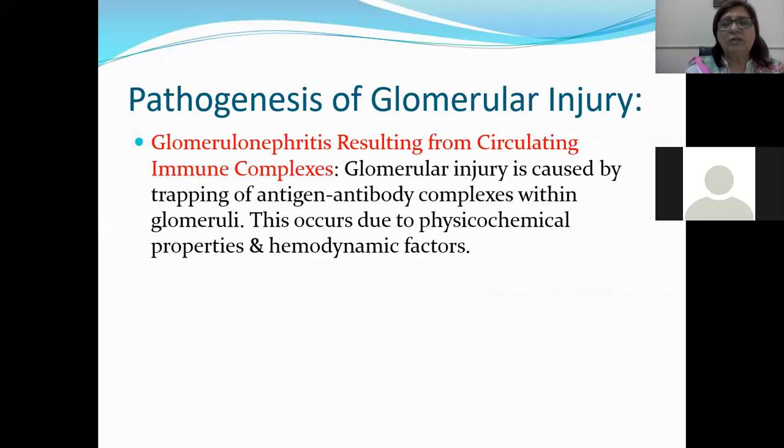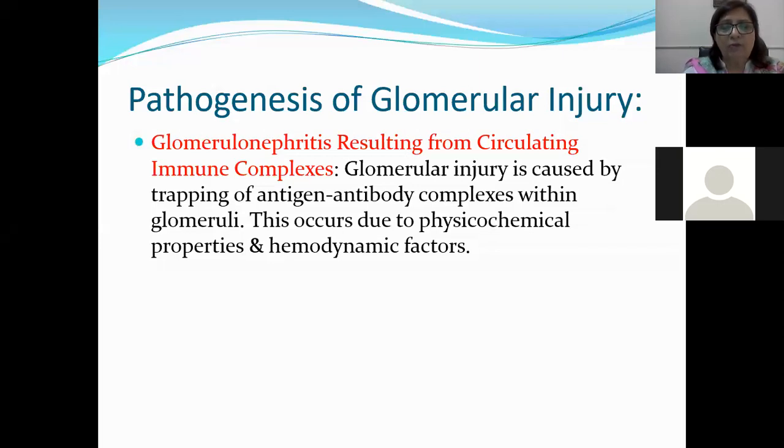There are certain circulating immune complexes in the body because of the antigen-antibody reaction. Either they are formed against exogenous antigens or endogenous. So glomerular injury is caused by trapping of these antigen-antibody complexes within the glomeruli. And this trapping is because of physicochemical properties and hemodynamic factors.